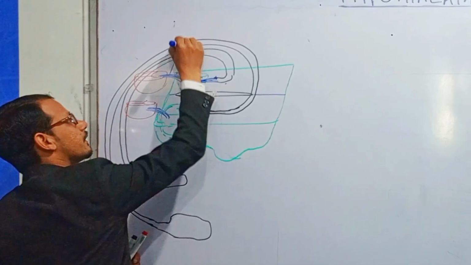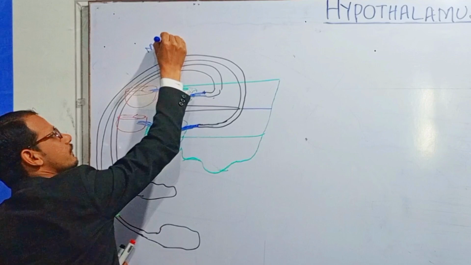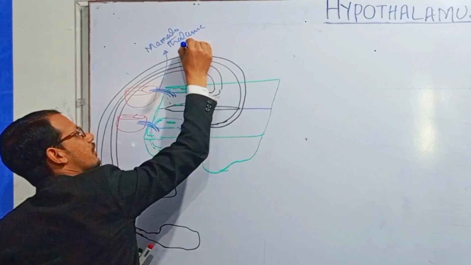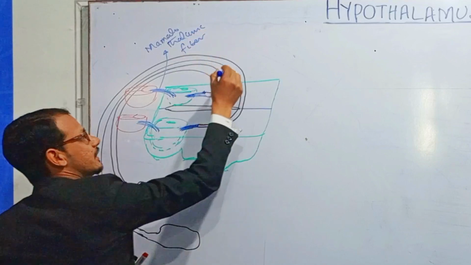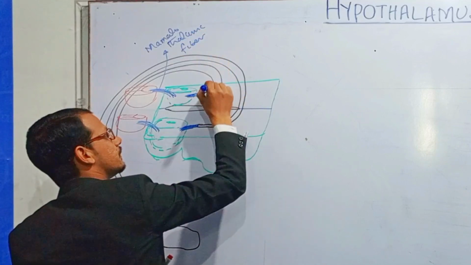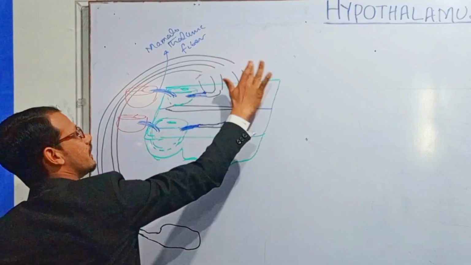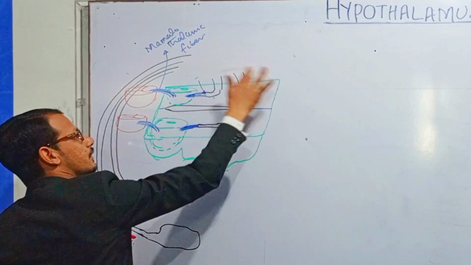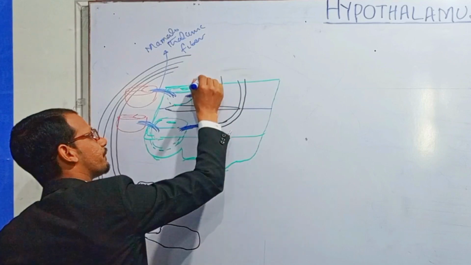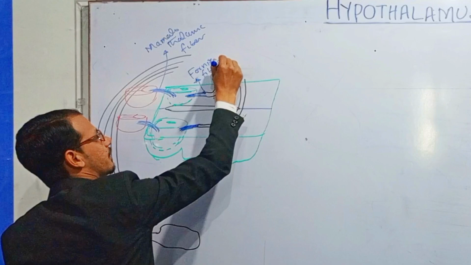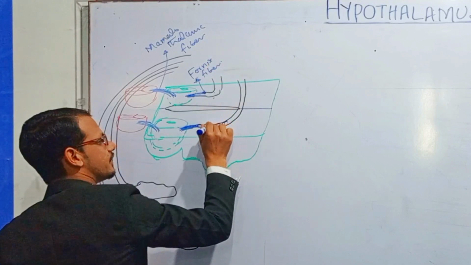These mammillothalamic fibers are tracts. This is fornix fibers. For example, I am removing these; these are fornix fibers. These are also fornix fibers.